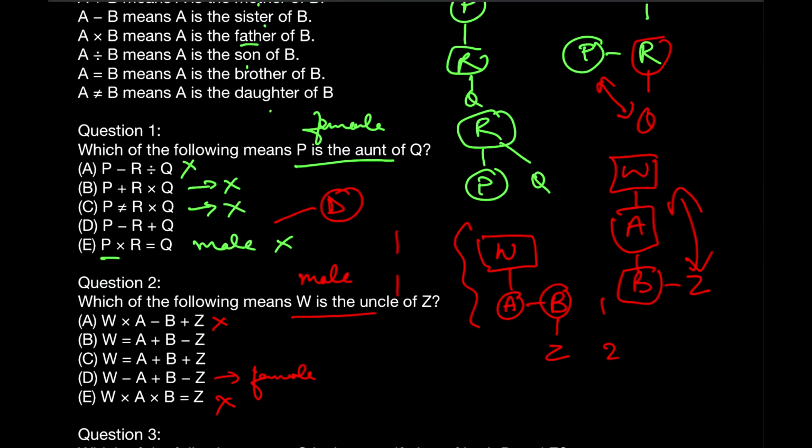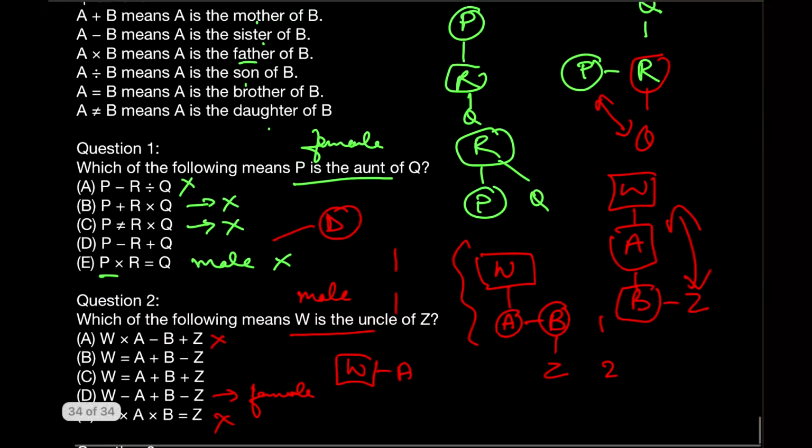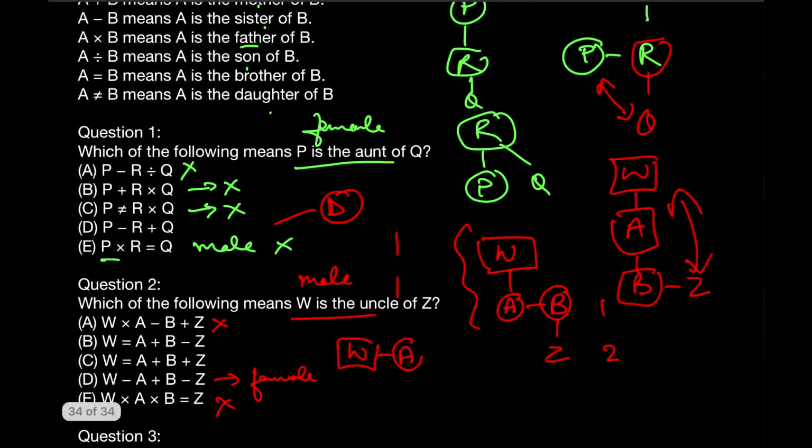Now W equals to is what we'll start our drawing with. So W equals to A, that means W is the brother of A. Moving with another drawing, W being the brother of A. Now A plus B is meaning what? A plus B means A is the mother of B. So here comes B. And then option B says B minus Z. So B minus Z is B is the sister of Z. Well, I got that.